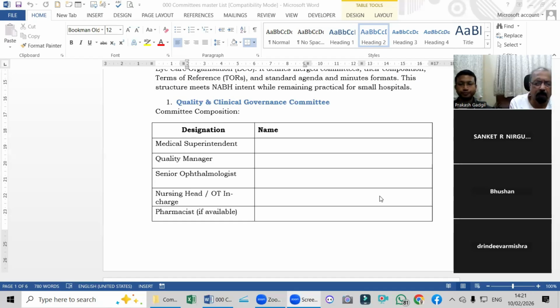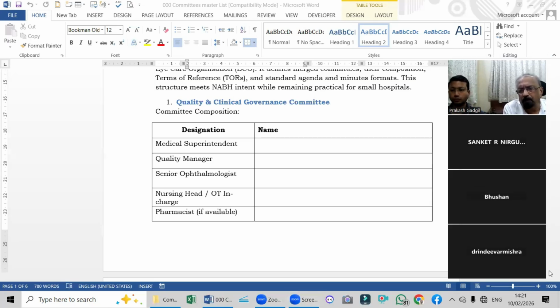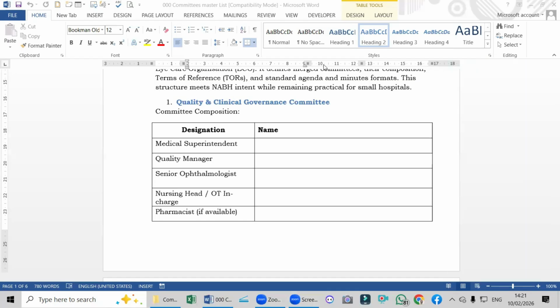Again, as I said, the names have to be your internal employees, permanent or temporary, but they have to be your employees. They have to be on your roll. It can't be an external person. So, medical superintendent, these are common names.